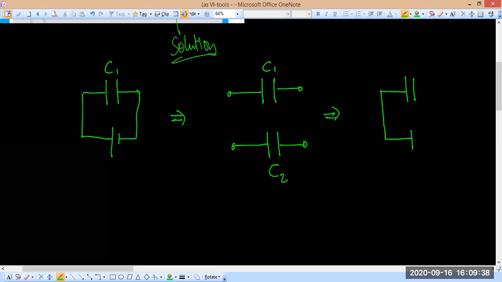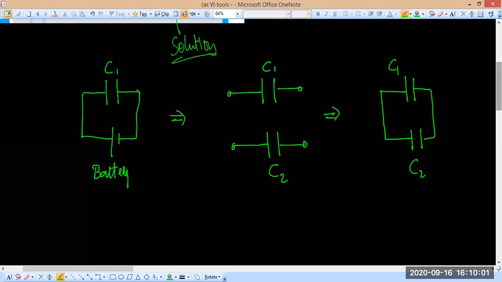We connect them like this. So this is given, right? The first capacitor was charged with a battery, then we disconnect the battery, we bring this second capacitor, and then we connect both. All right.